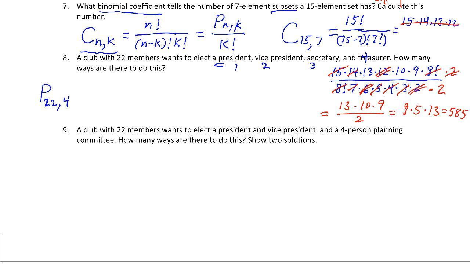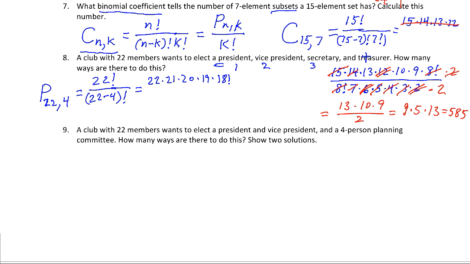Okay, and this is then 22 factorial all over 22 minus 4 factorial. This one doesn't have the extra k factorial in the denominator. And this comes out to 22 times 21 times 20 times 19 times 18 factorial.